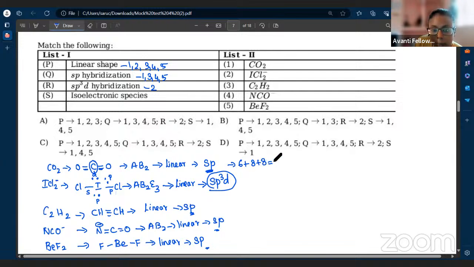The total number of electrons is 32. So which among the following has 32 electrons is the question.